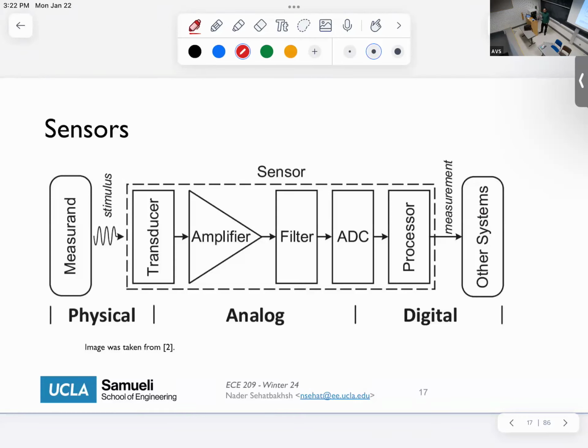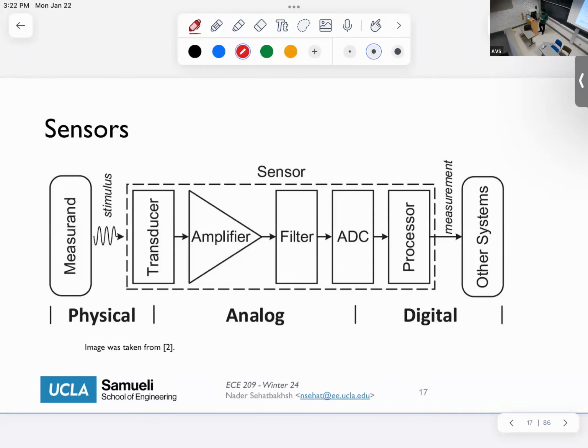There is the physical domain, where the measurements are happening. Then there is some form of signal that generates an activation, and this activation is transduced into some form of analog signal. The big thing about sensors is this transduction from a physical phenomenon to an analog electrical signal.